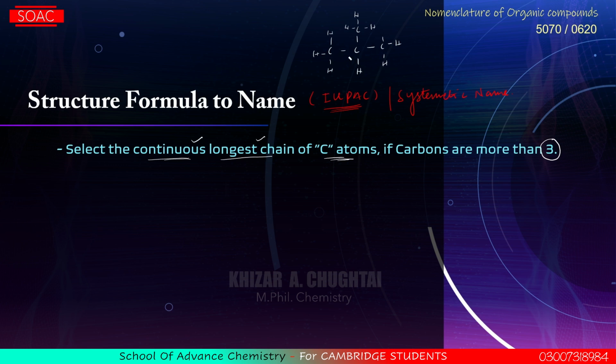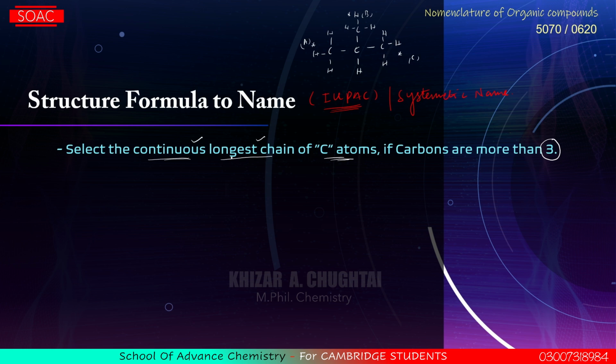And in this molecule, there are basically 3 corners, edges of the molecule. Let's suppose this is corner A, this is corner B, and this is corner C.